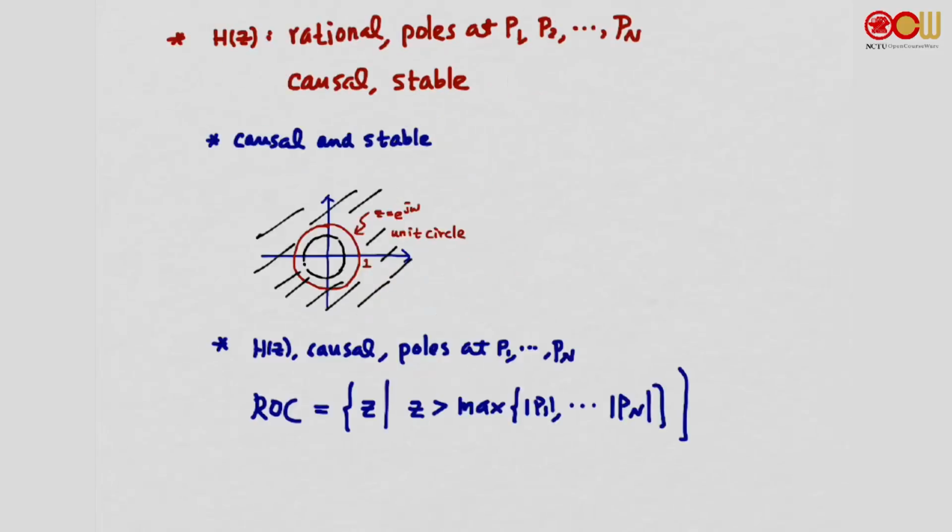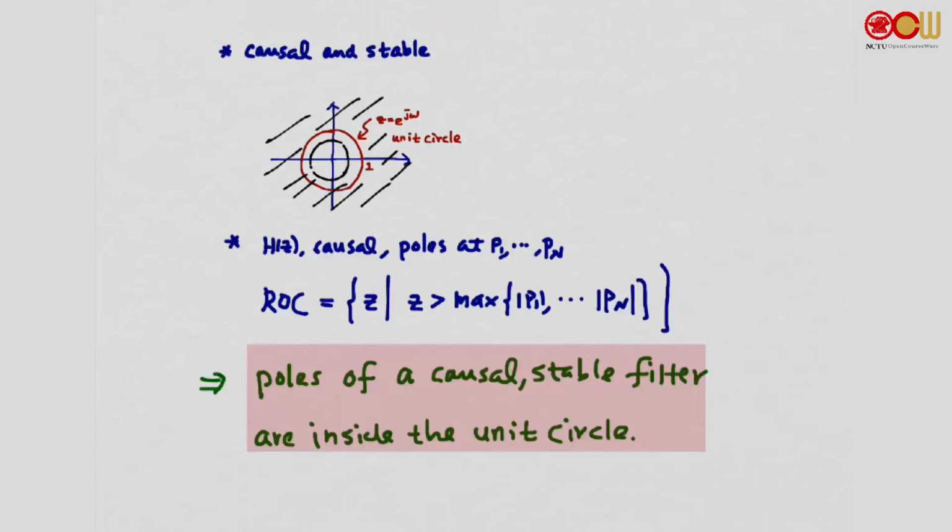On the other hand, when H is causal with poles at p1 to pN, we know its region of convergence is outside a circle whose radius is the maximum of the absolute values of the poles. If we combine these two results, we know where these poles should be, right? They cannot go outside the unit circle. The poles of a causal stable filter are inside the unit circle.